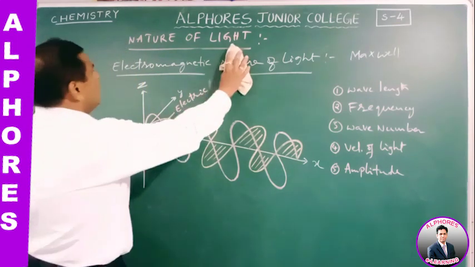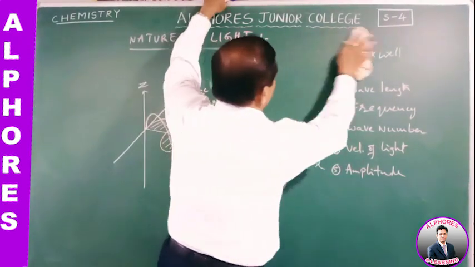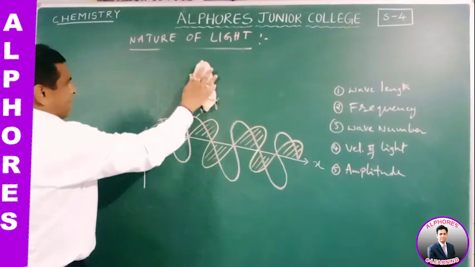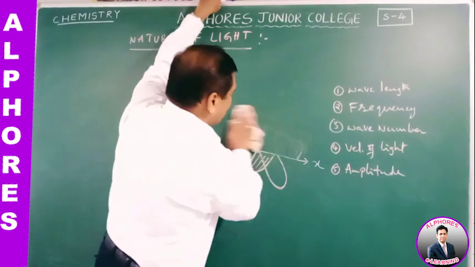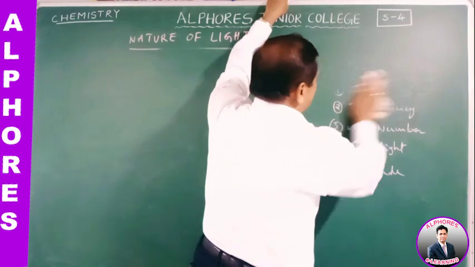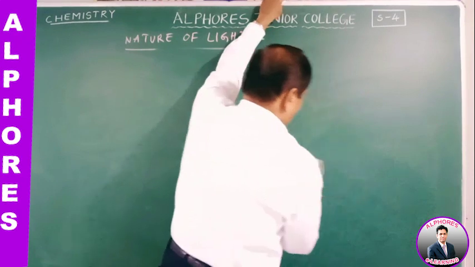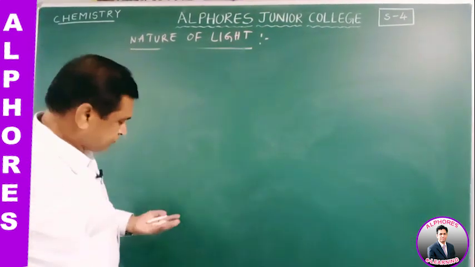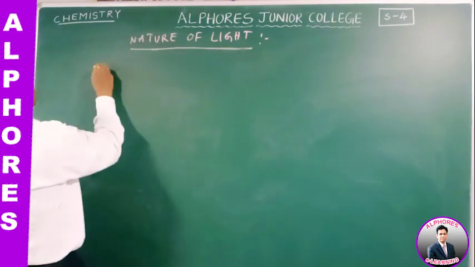Now let us discuss the details of the properties of electromagnetic waves. The first one is wavelength.